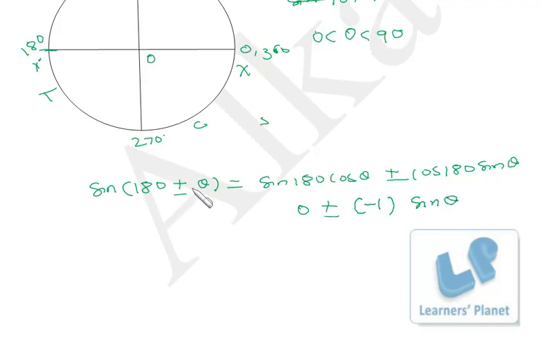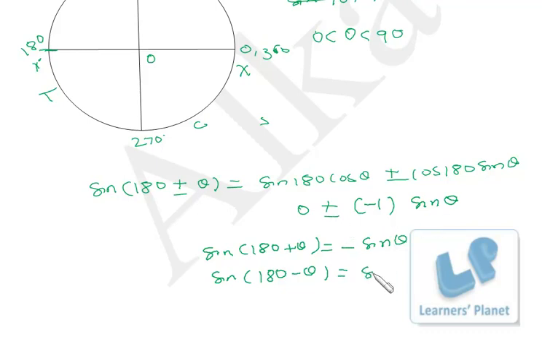So sine 180 plus theta is minus sine theta, and sine 180 minus theta is, here it is minus and minus plus, so it is positive sine theta.